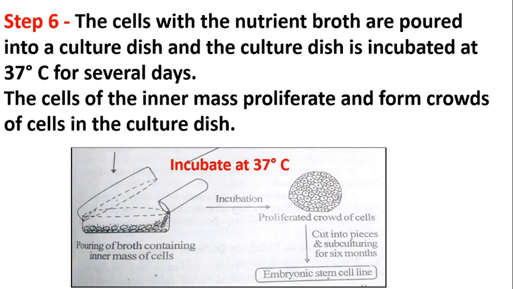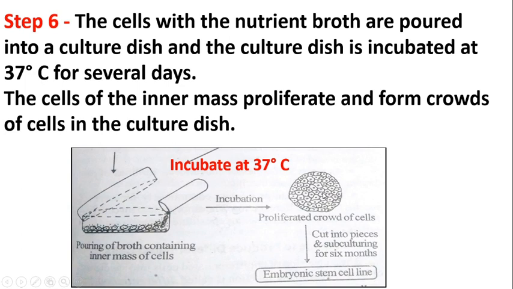form a mass of cells which will proliferate and form crowds of cells in the culture dish. So when you keep it under incubation at 37 degrees C for several days, the inner mass of cells will proliferate, and now it forms a shape like this, a crowd of cells in the culture dish.